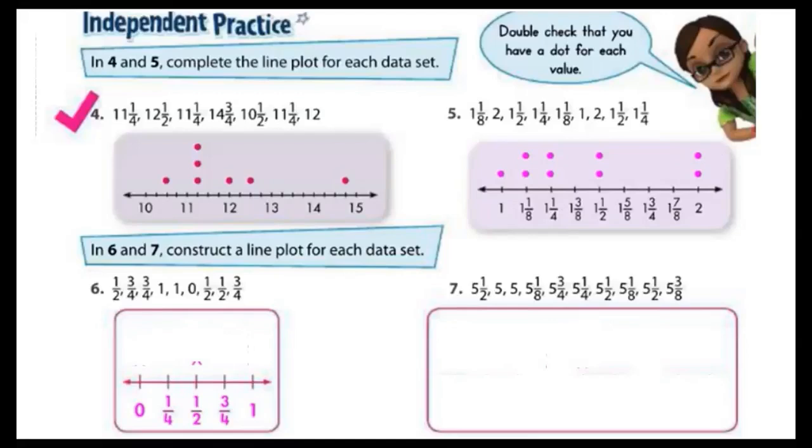When we have, for example, a repeated value like 1 and 1, 2 ones, select just one value from them and write it under the number line. Okay, sure, if it is repeated 2 times, I'm going to select just one to write.